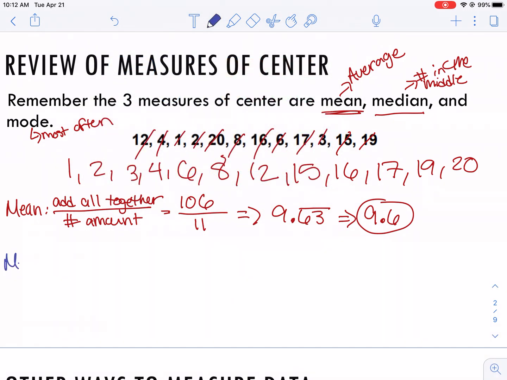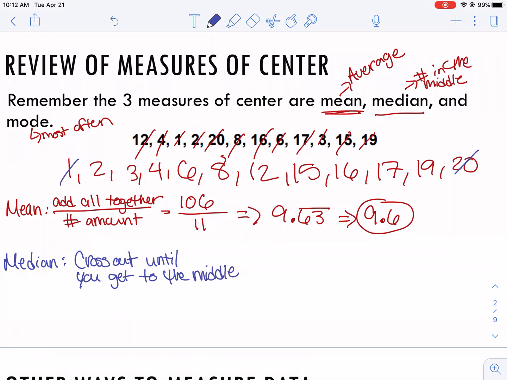All right, so let's find the median. Remember, you cross out until you get to the middle. So here, we're going to cross one off each end. 2, 2, 3, 3, 4, 4, 5, 5. All right.